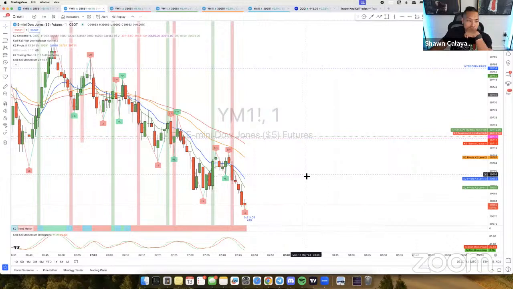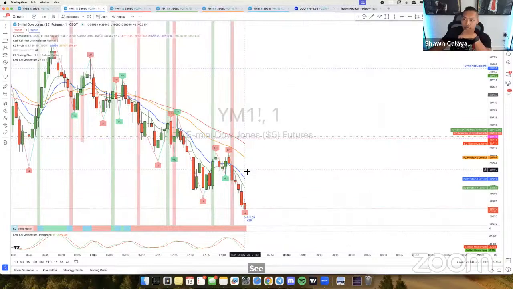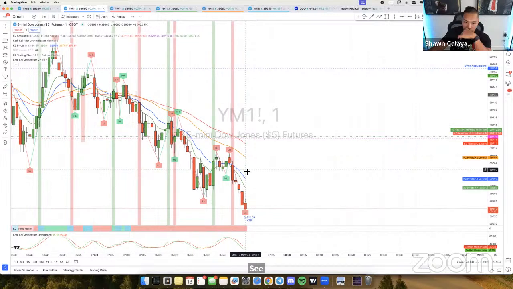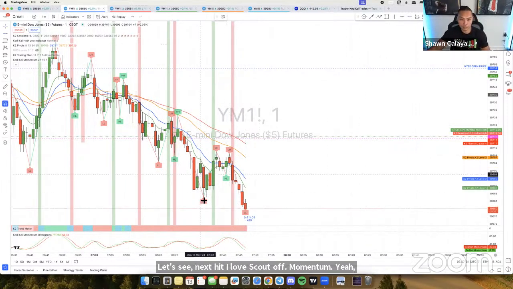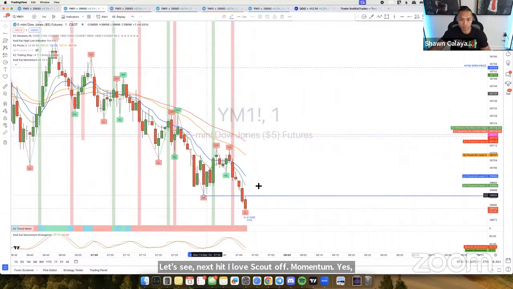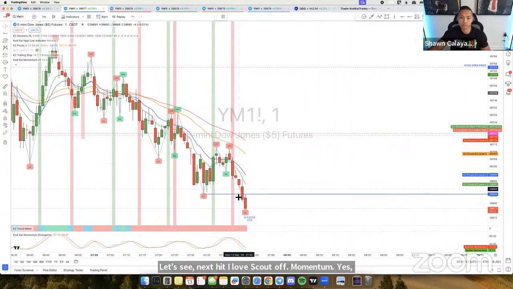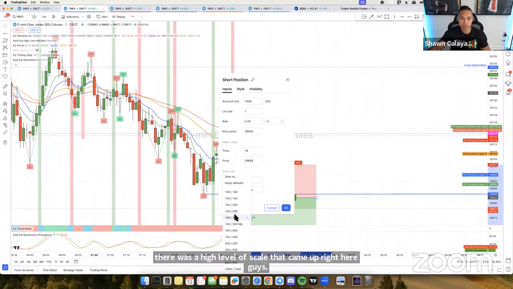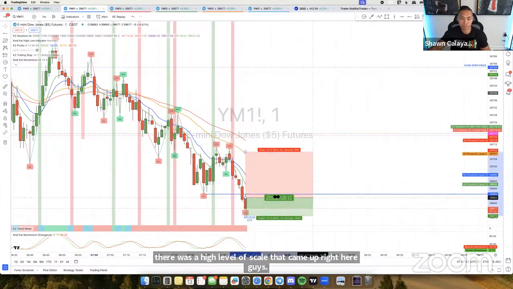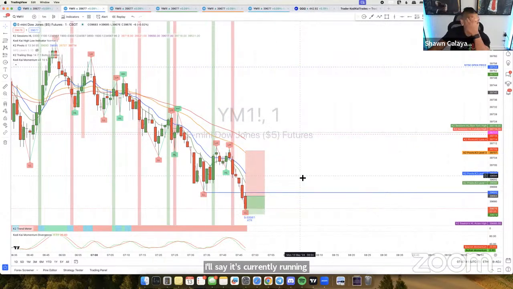Let's see. Next hit high-low scalp off of momentum. Yeah, so there's a high-low scalp that came up right here, guys. Looks like it's currently running. So the price is finally coming down, it looks like.